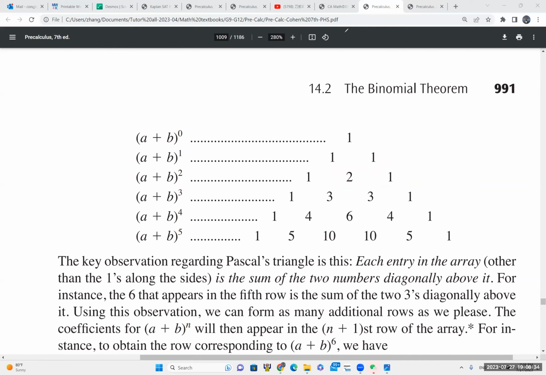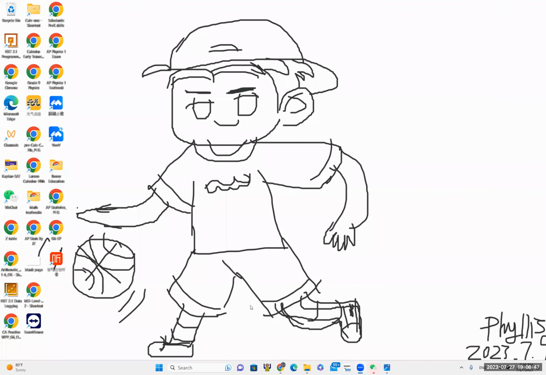Now let's say we draw this Pascal triangle by ourselves. Let's try. Let's use x plus y.